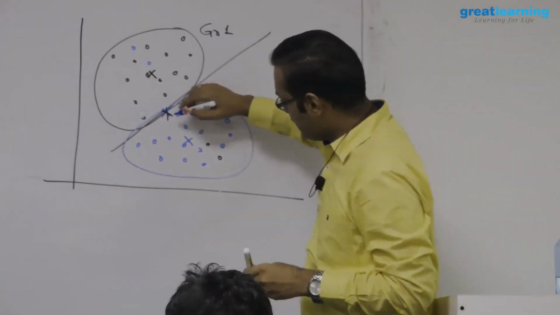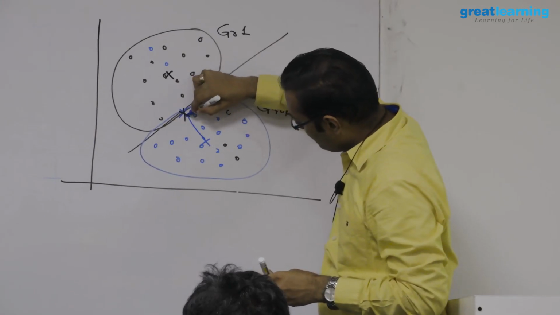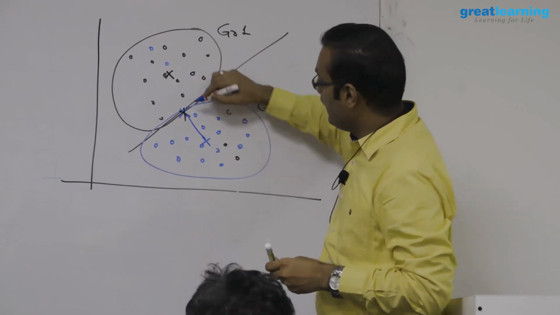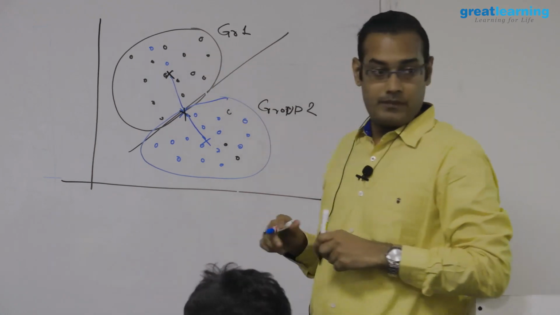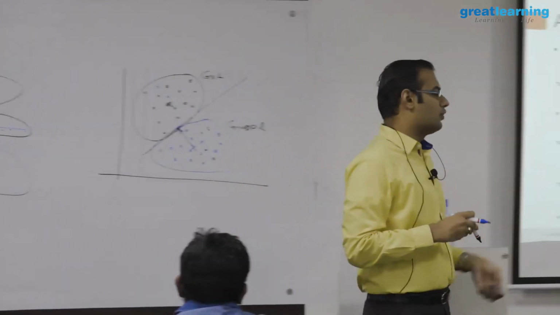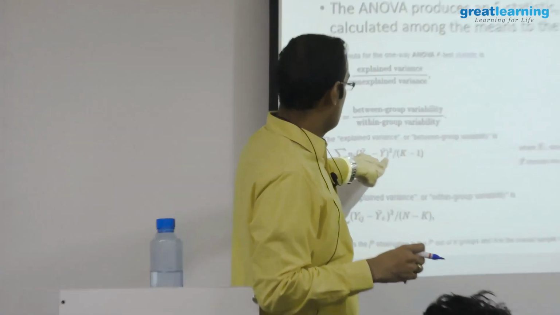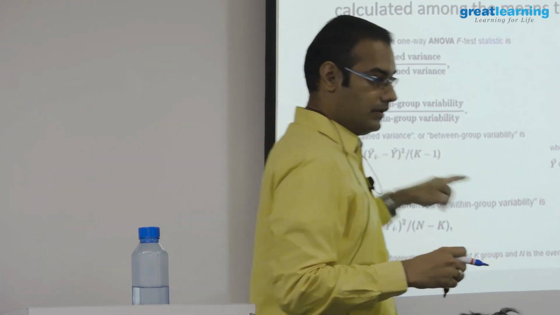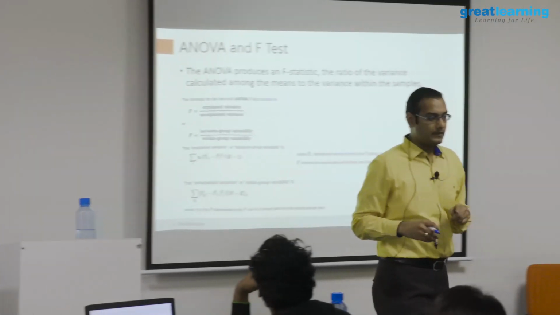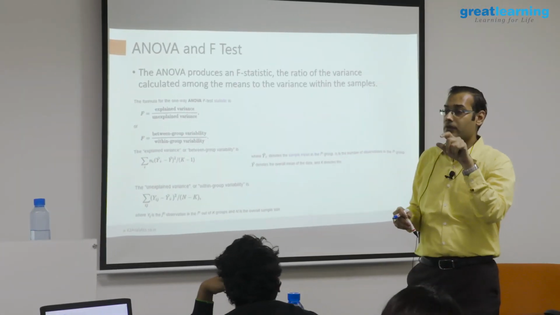You are taking this distance for group 1, and this distance. This is the between group variability, (y i bar minus y bar) the whole squared.